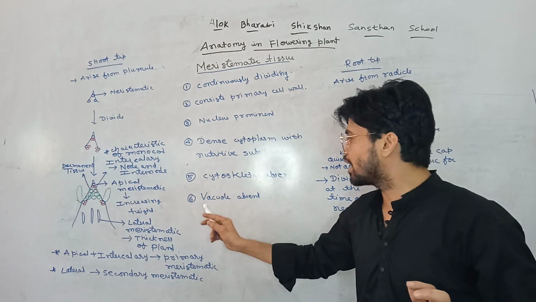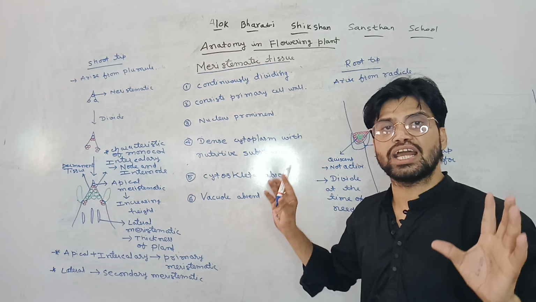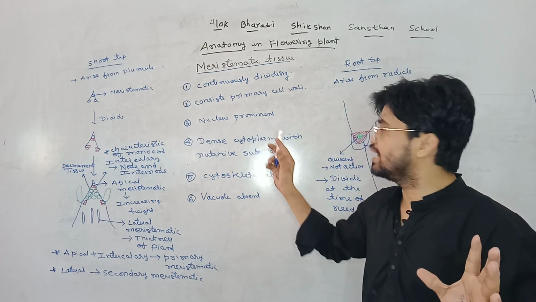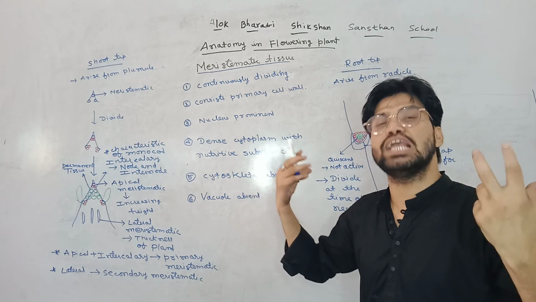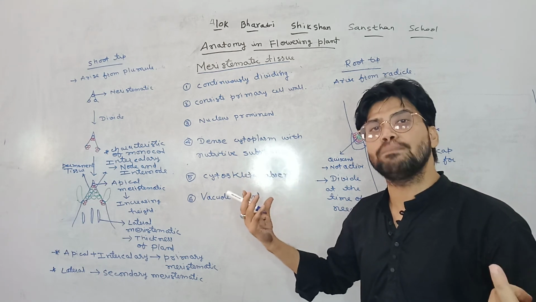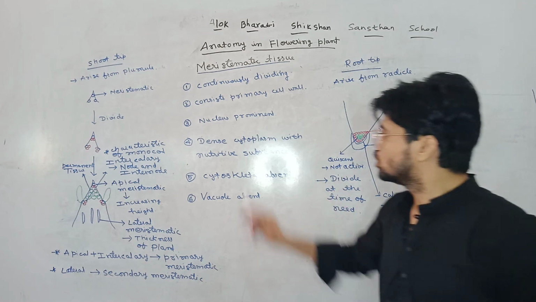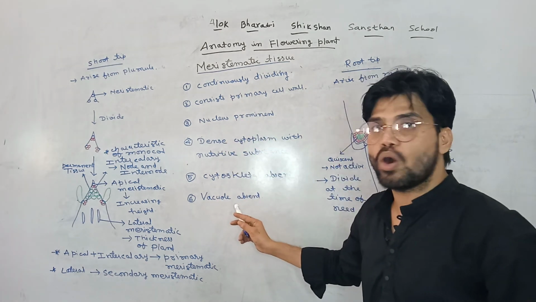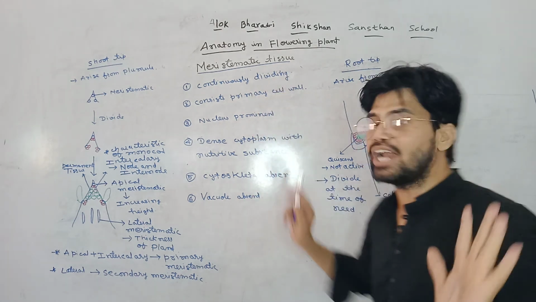Now the vacuole is also absent. You know that the vacuole is an important characteristic of plants, but here it is not present, and when the cell divides and elongates, at that time the vacuoles will be formed and also elongate. So these are the 6 important peculiar properties of the meristematic tissue, the dividing tissue.